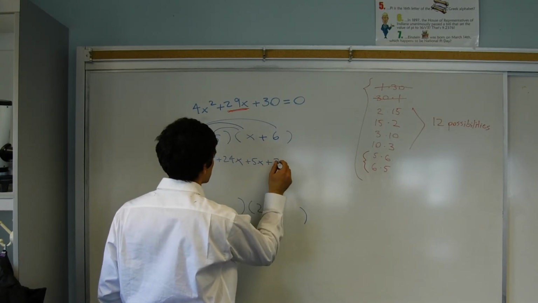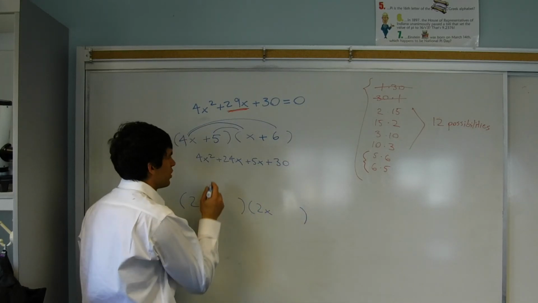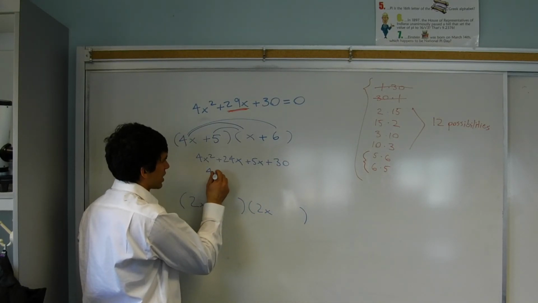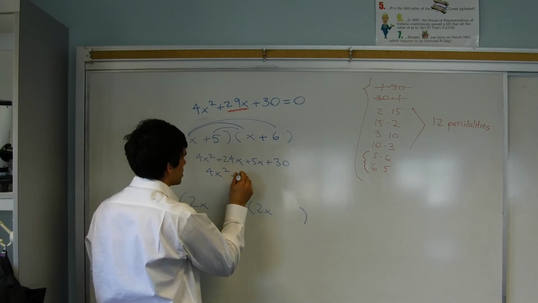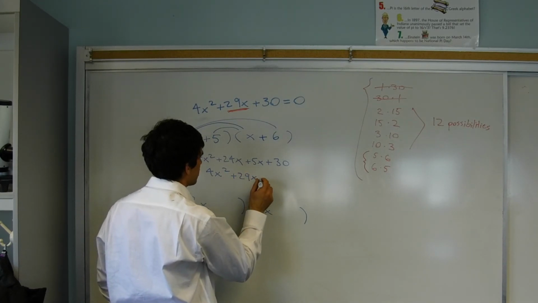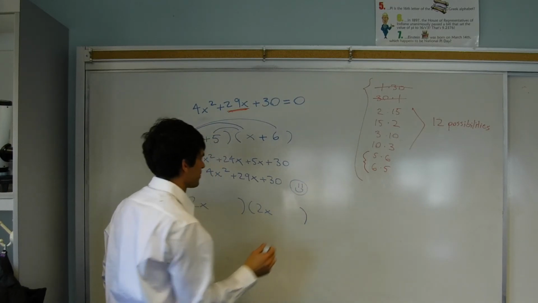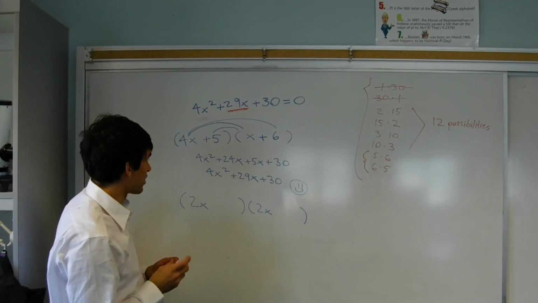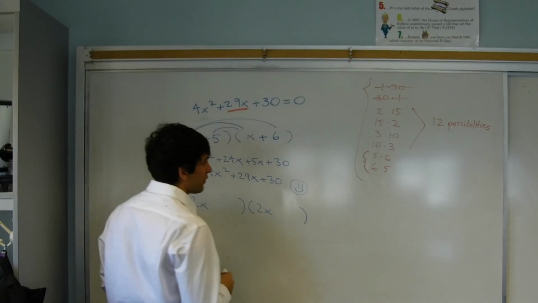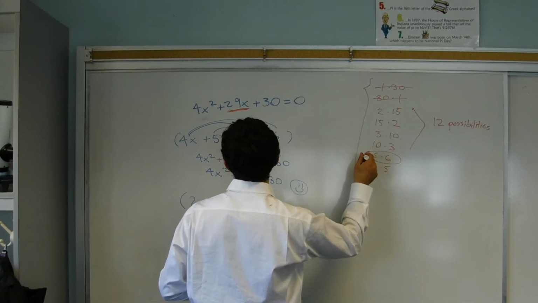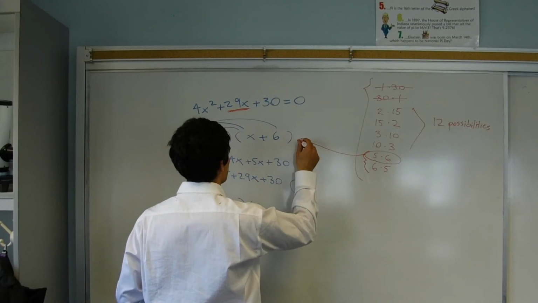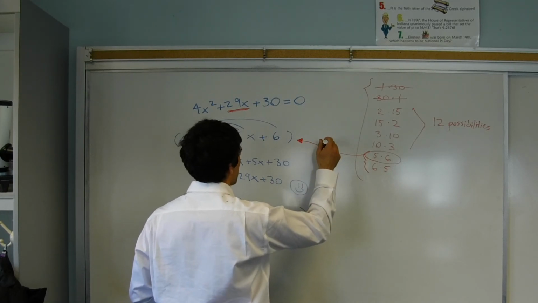And our last term is going to be equal to 30. So what that means is we have 4x squared plus 29x plus 30, which is exactly what we were looking for. So it turns out that 5 and 6 in this equation is our winning combo.